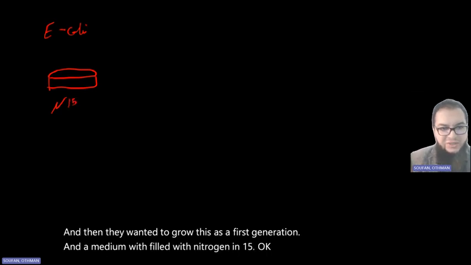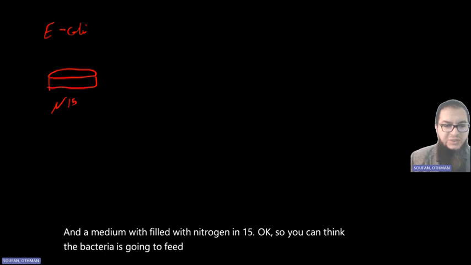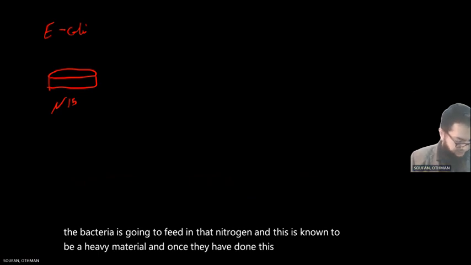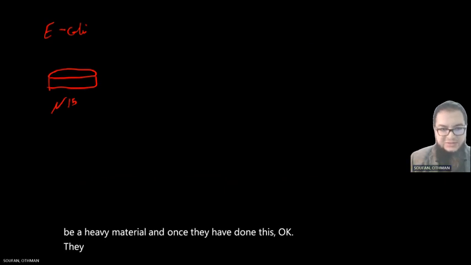So you can think the bacteria is going to feed on that nitrogen, and this is known to be a heavy material. And once they have done this, they would take this and grow it into a second generation.